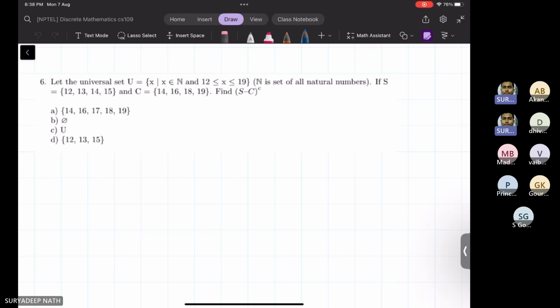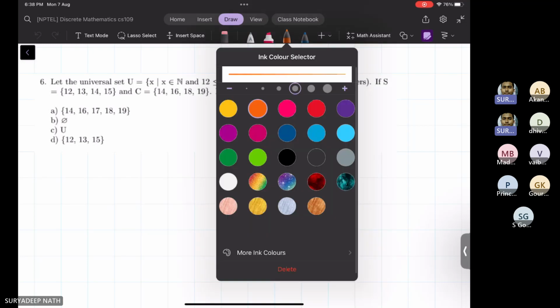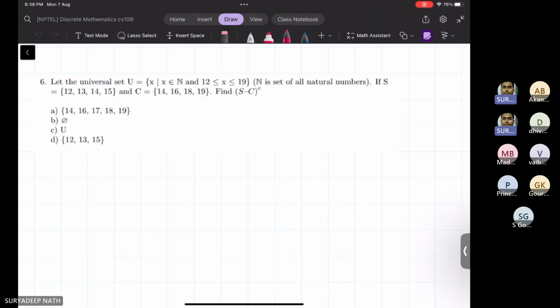So first let me write down the sets. What is U? The universal set is 12, 13, 14, 15, 16, 17, 18, 19. What is S?